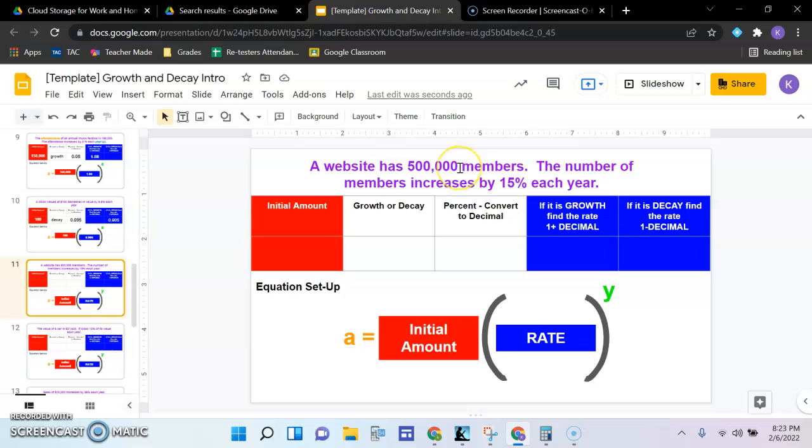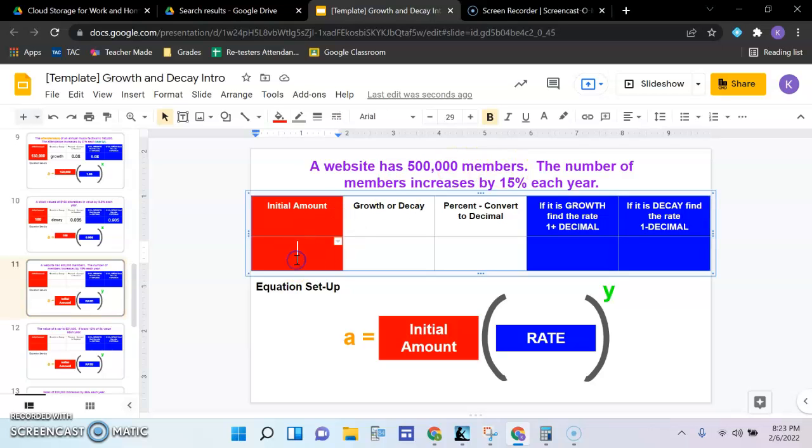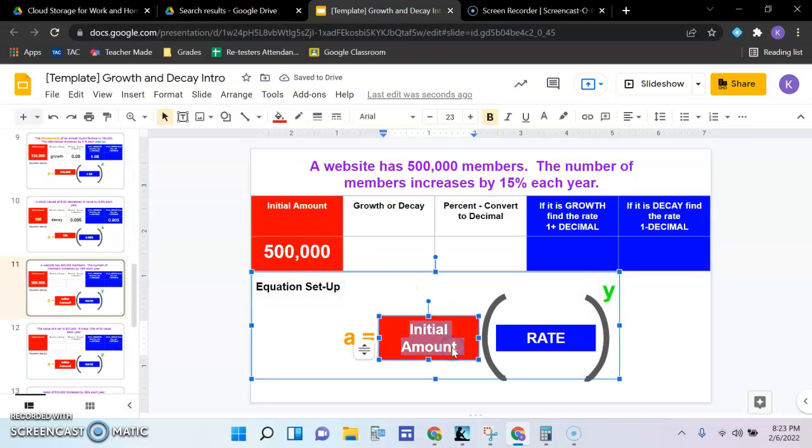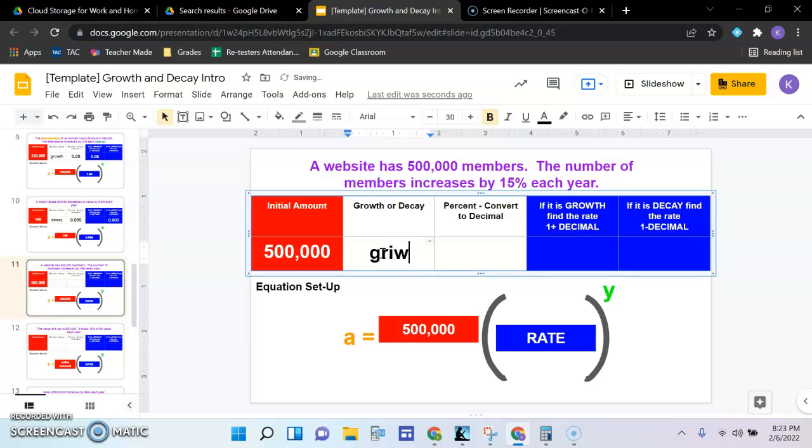Again, we have this other example. A website has 500,000 members, so that's the initial amount of members, and that is the first number we're going to put right here in our equation. Is it a growth or decay problem? It is increasing, so it is a growth problem. And we're going to convert this percent to a decimal.